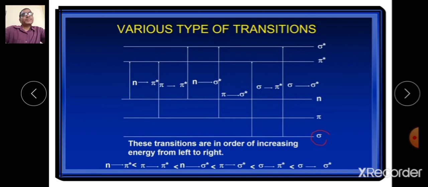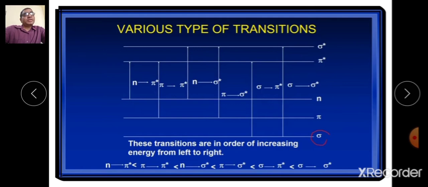The transition from non-bonded orbital, that is n to sigma star, again from pi to pi star, and the final n to pi star. Now these various transitions occur.